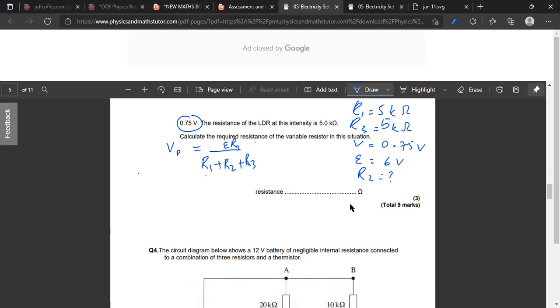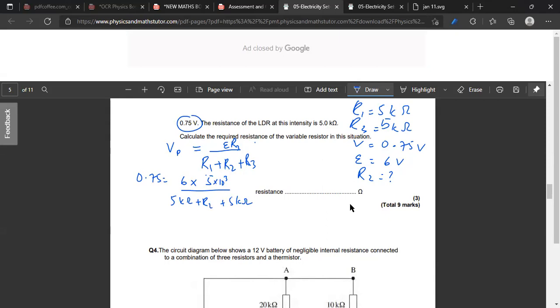So 0.75 equals 6 times 5 into 10 to the power 3, divided by 5 kilo ohms plus R2 plus 5 kilo ohms.